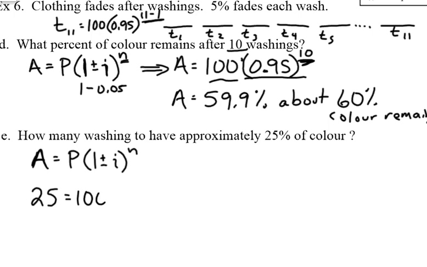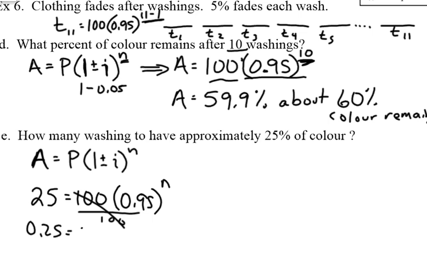Our principal amount, initial amount, was 100% of the color. We know we had 95% carry each time, and we're trying to figure out what N is. So, divide by 100, 0.25 equals 0.95 to the N. How do we figure out an exponent?